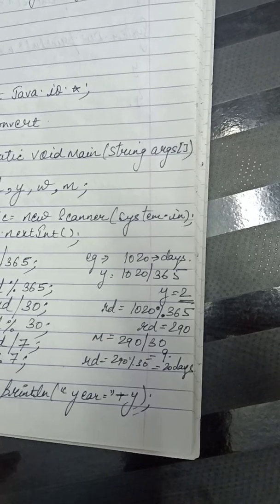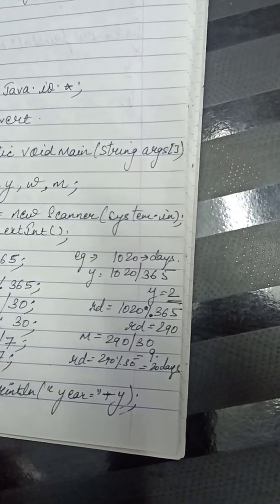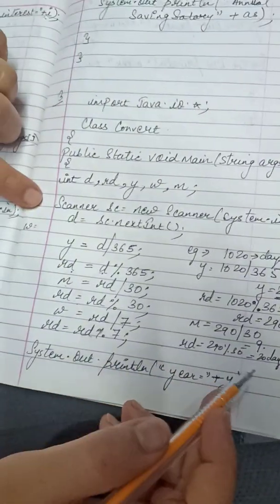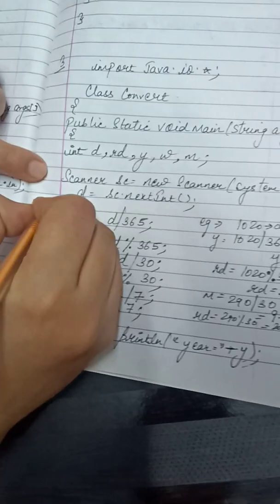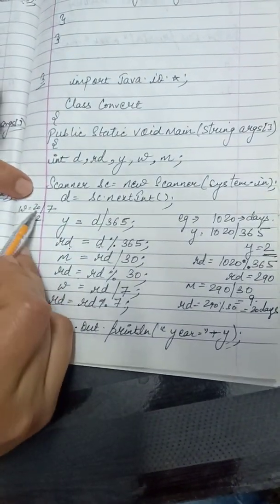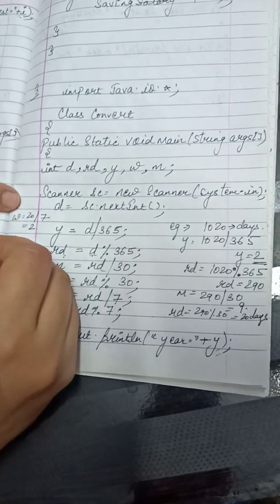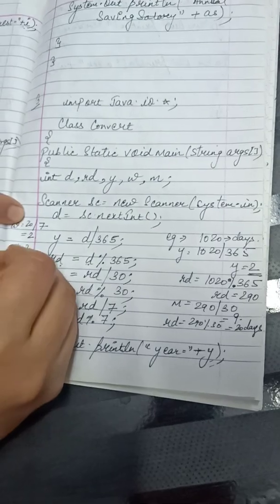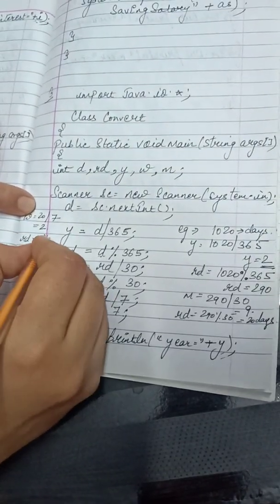Now how we will calculate week? Week is remaining days upon 7. I am just writing over here. Week is equal to remaining days, which is your 20. 20 upon 7 is your 2. Your quotient is 2. And now for remaining days, here is 20 modulo 7.